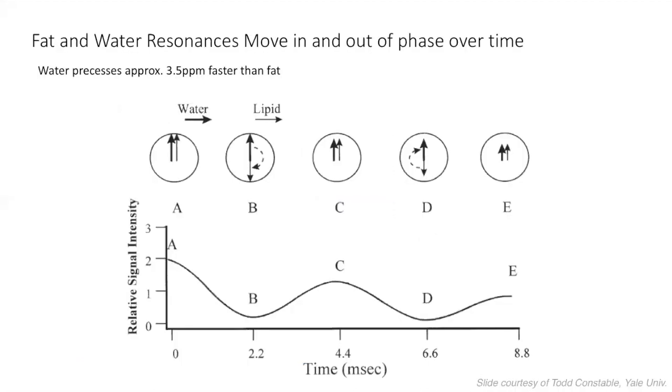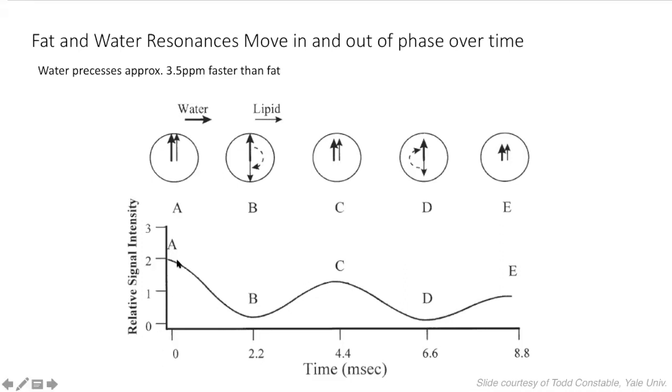So that's motion. Another artifact that you commonly see deals with chemical shift. Fat and water resonances move in and out of phase over time because water precesses approximately 3.5 ppm faster than fat.